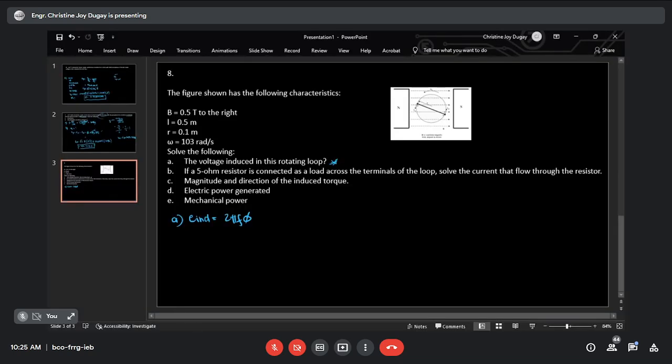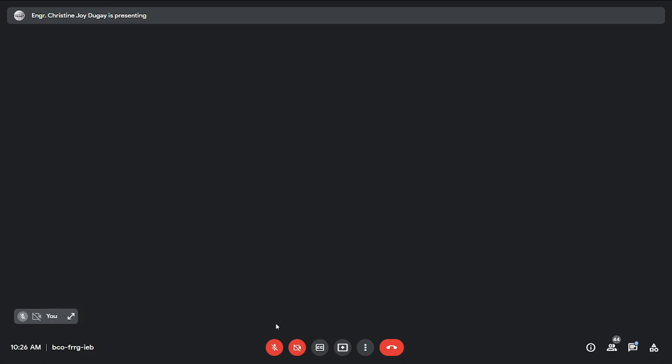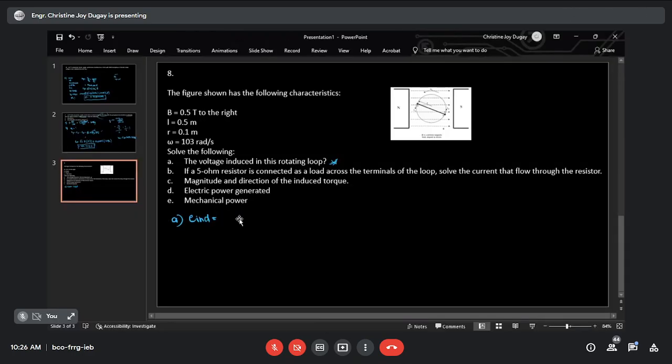Since given po ang magnetic flux, given po ang length, given po ang radius and omega, we're going to use yung formula natin which is 2R omega B L sine omega t.